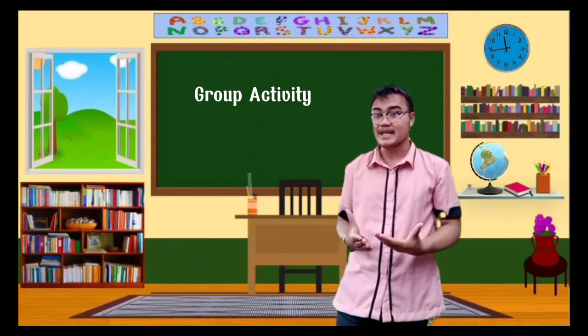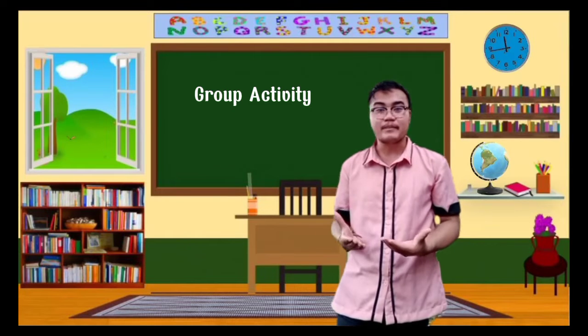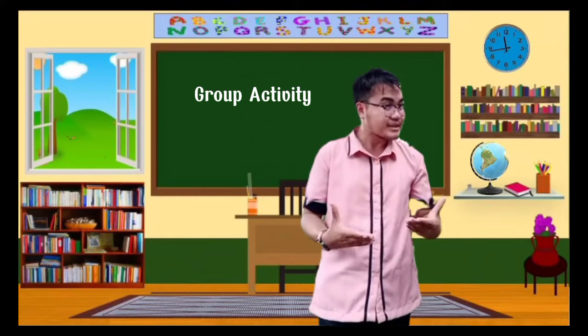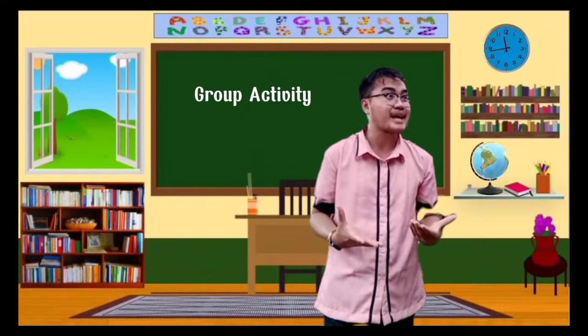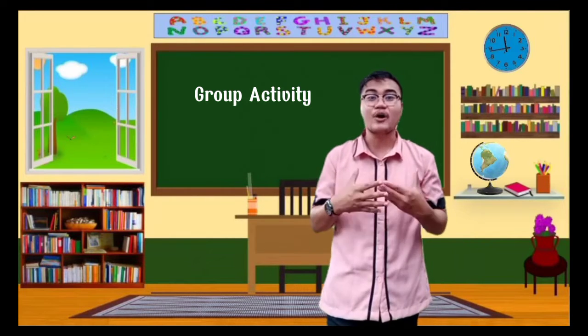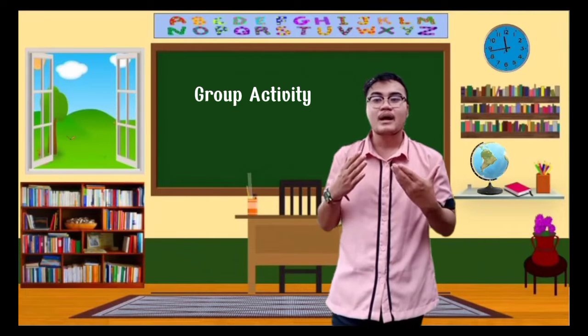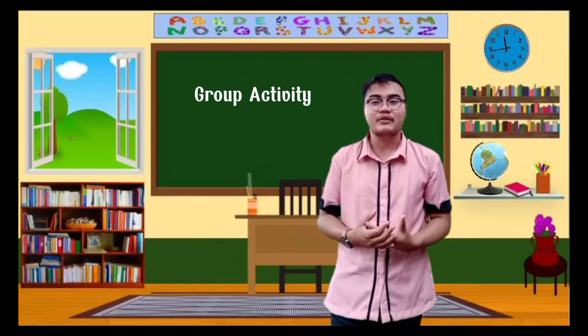The present form team will use the present form of the verbs. Meaning to say, if you have 10 members in your group, you also have to write 10 sentences on the board using the present form of the verbs.